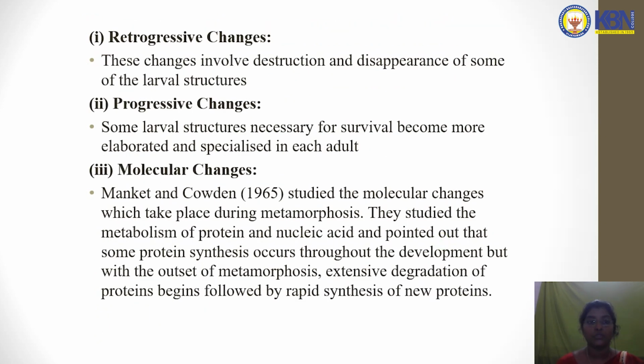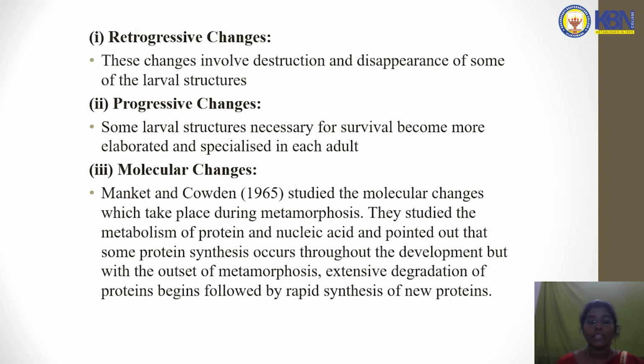First one, retrogressive. These changes involve destruction and disappearance of some of the larval structures. Next, progressive change. Some larval structures necessary for survival become more elaborated and specialized in the adult. Next, third one, molecular changes.